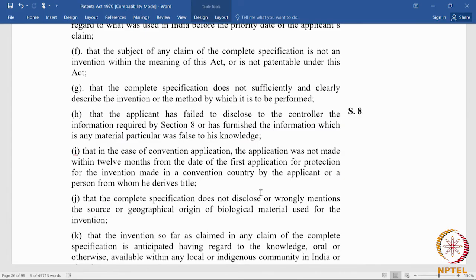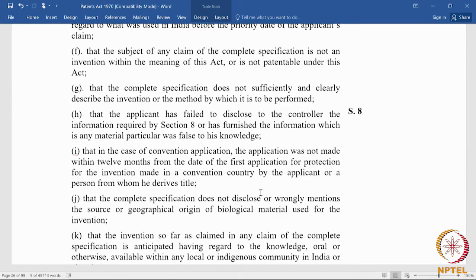So, a person skilled in the art, when he reads the specification, finds that it did not sufficiently or clearly describe the invention, or the method by which it is to be performed. In section 10, the cross reference to this will be provisions of section 10(4)(a) and section 10(4)(b).